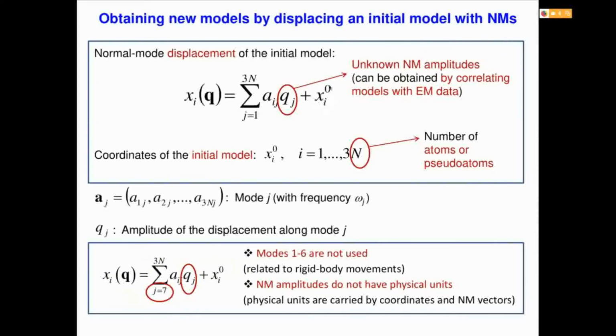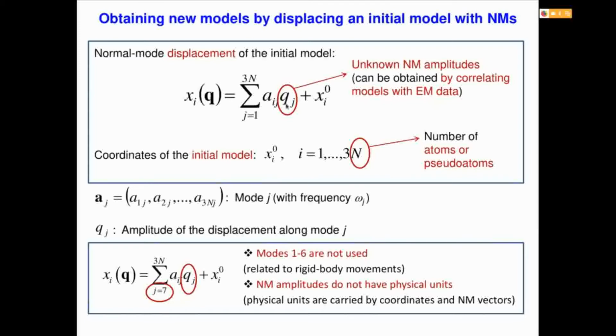They are given here as x, i, 0, using a linear combination of these modes A, and the coefficients of the linear combination are Q's. We call them normal mode amplitudes. So these Q's are not computed through the normal mode analysis.